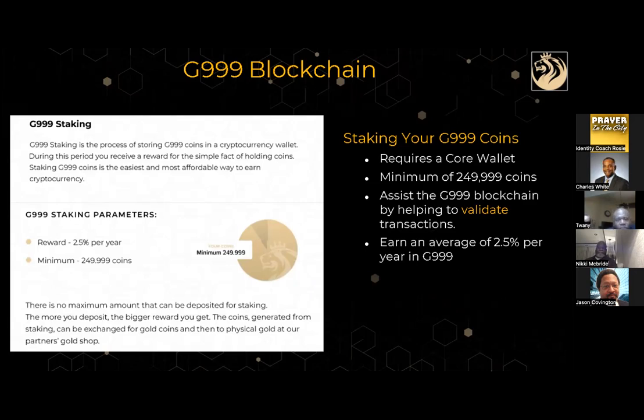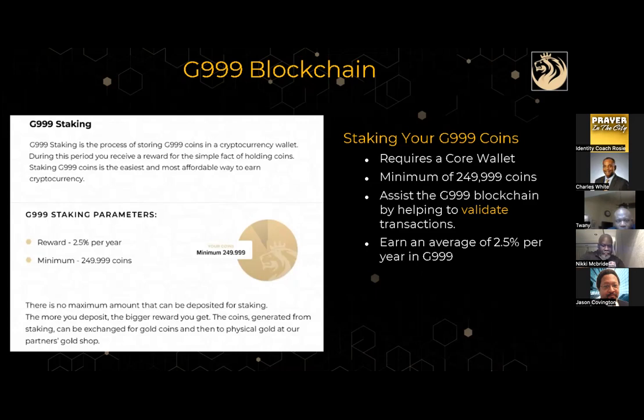Okay, so like I mentioned before, staking wallets are crucial to our blockchain's operation. The more of them we have in operation, the faster our network will be. So again, the minimum for activating your staking is 249,999 coins. You have to put that in your Core Wallet. There's a whole way to do it. You can always get with me and other people who know how to do this to set yours up correctly.